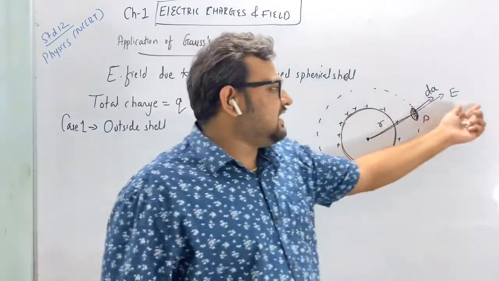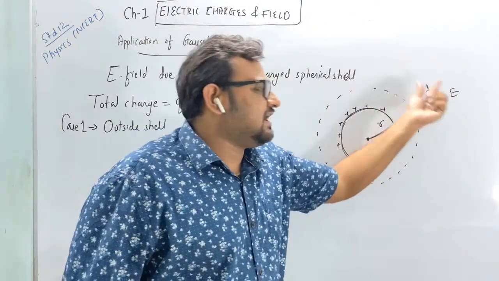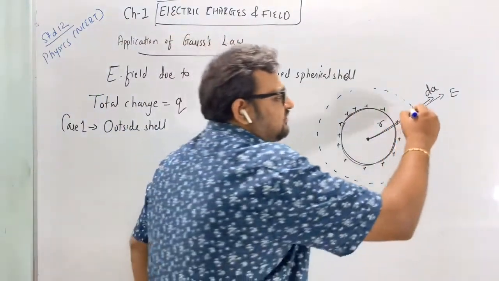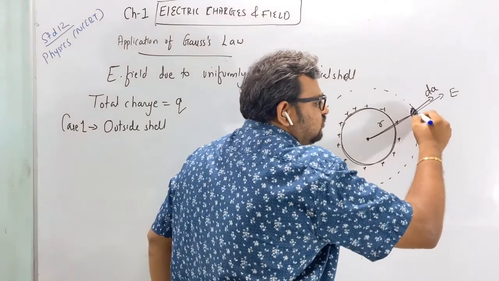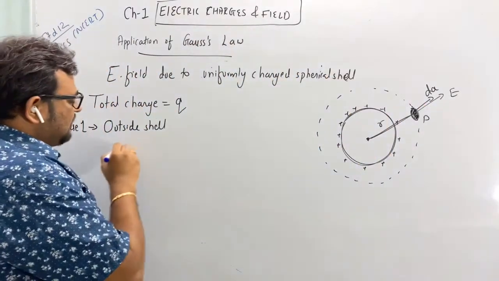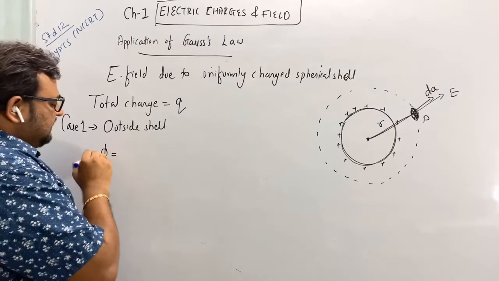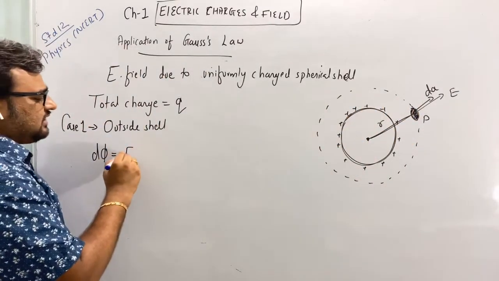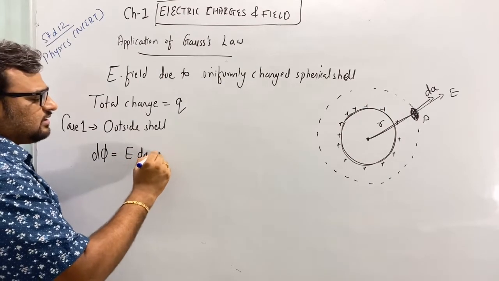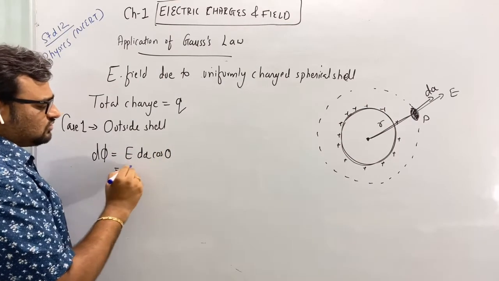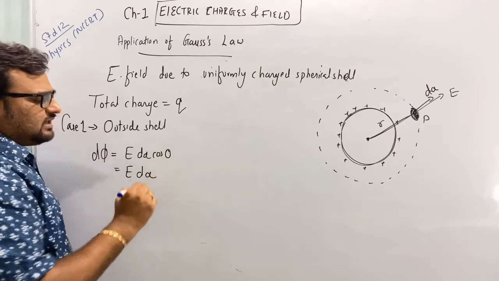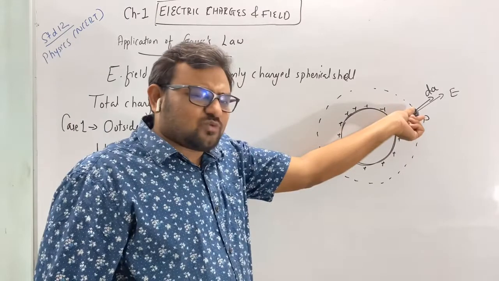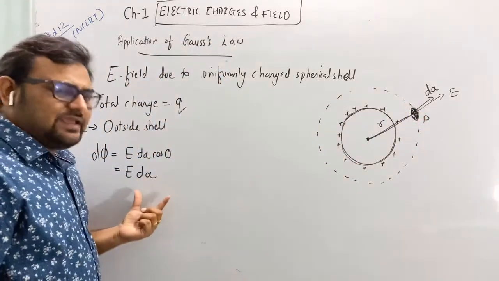So I'm using E for electric field and dA for the small amount of area. So now first let's find out the amount of flux through this area. The amount of flux d phi through that small area will be equal to E dA cos 0. So this will be equal to E dA. Clear? So the flux passing through this small area is E dA.